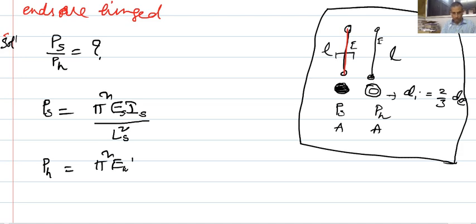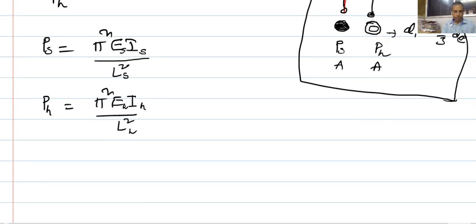So not a problem. So I of the hollow by L square, L of the hollow. So both are same. So if I take a ratio of this, what am I going to get? PS by PH equal to, or for that matter, what is IS?